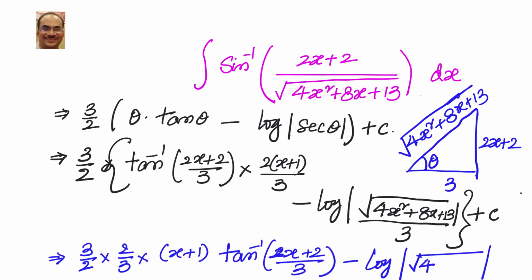So we can leave it as 4x square plus 8x plus 13, and there is a 3 by 2 here.